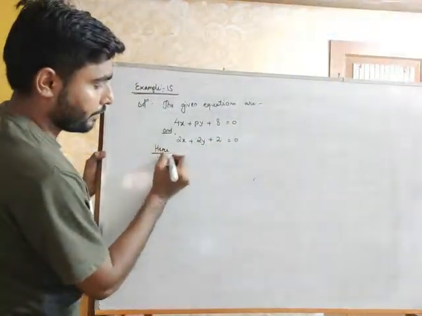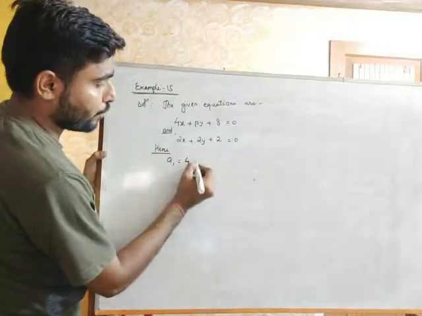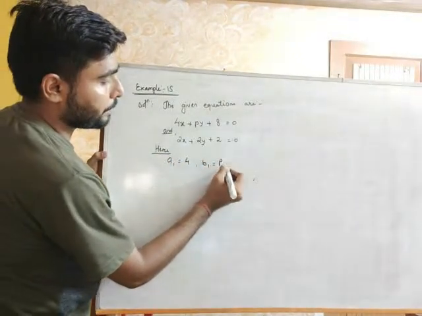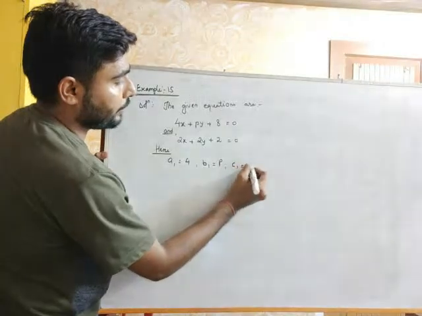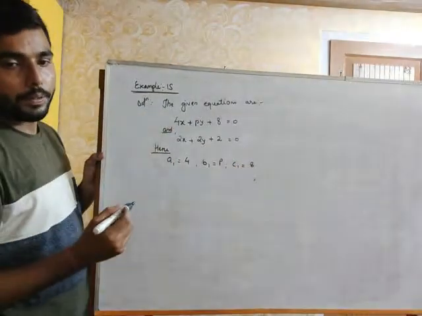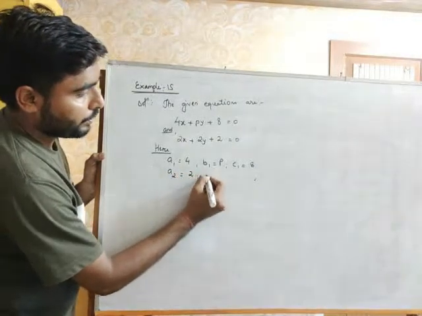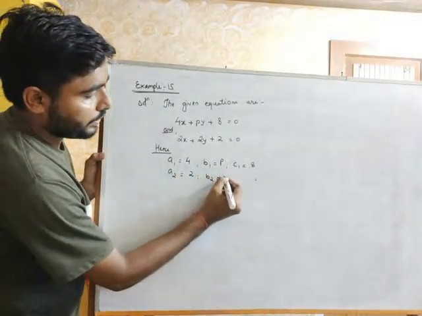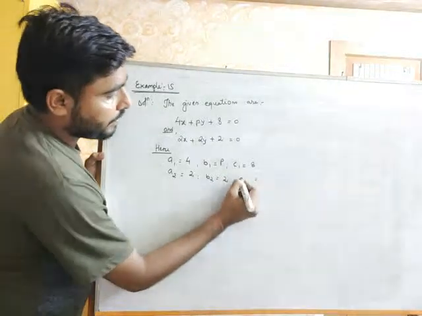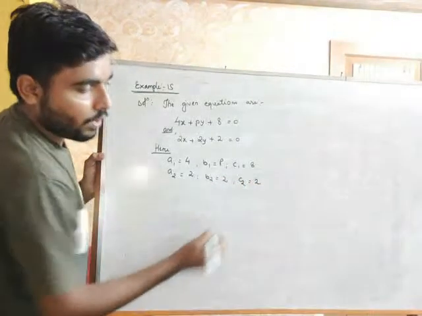So I can write here a1's value is 4, b1's value is p, c1 value is 8. Okay, and then a2's value is 2, b2 value is 2, c2's value is also 2.